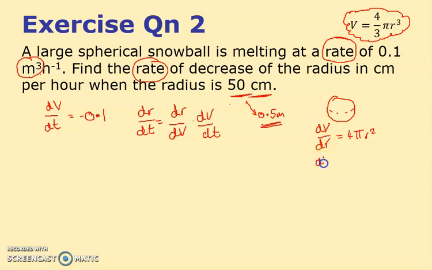So therefore dV by dr is 4 times pi times 0.5 squared, in metres of course. I might need to change it back again because they actually want the answer in centimetres. So it's 4 times pi times 0.5 squared, which I should have sussed already, is pi.